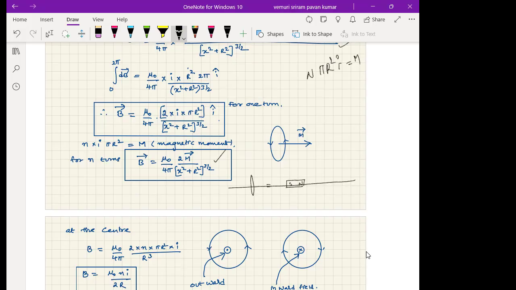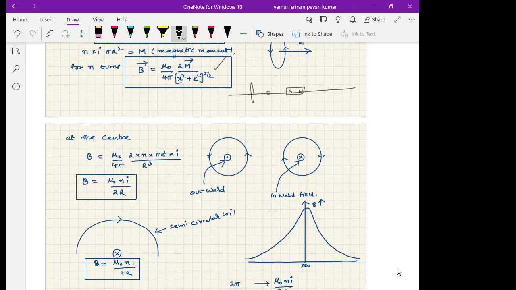Okay. Remember, you have selected the point on the axis. What if x is equal to 0? You are coming at the center. So after substituting at the center, you will get mu naught N I by 2R. Suppose the current is in an anti-clockwise sense as you look at the face, you will have an outward magnetic field.